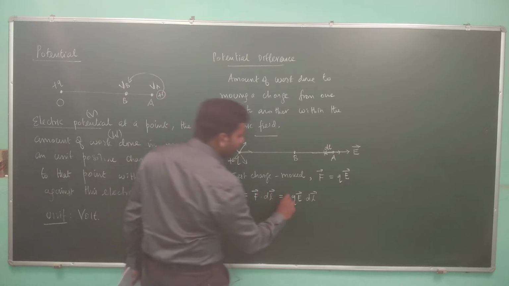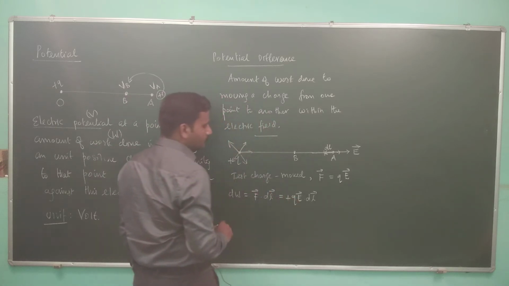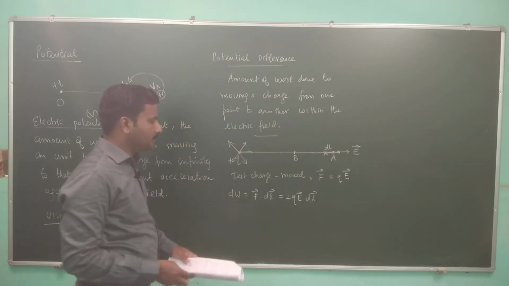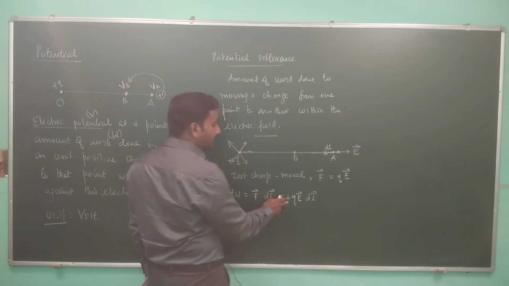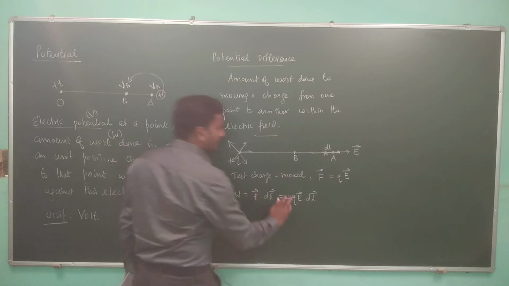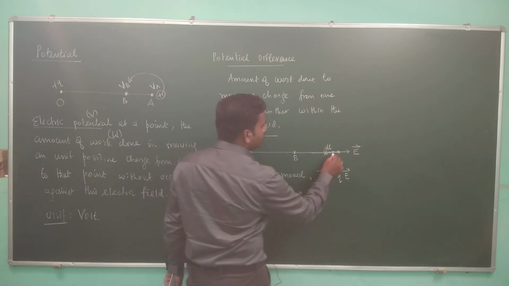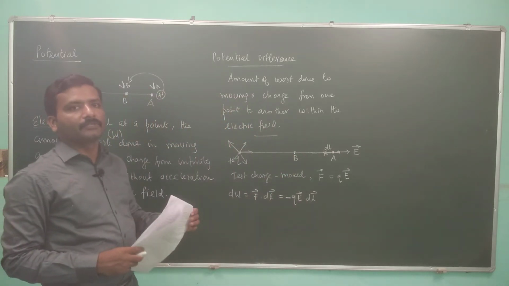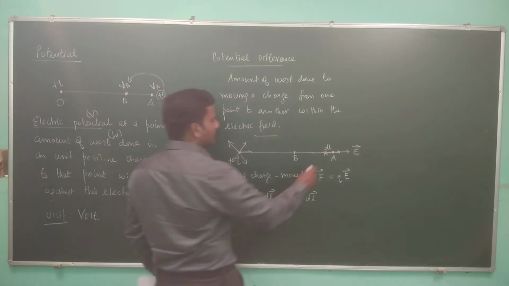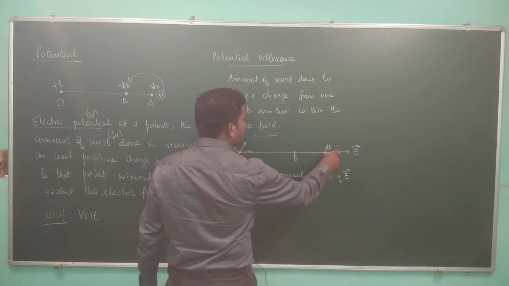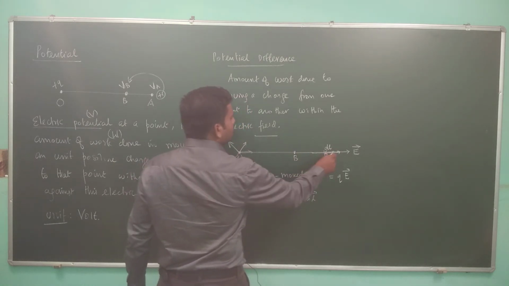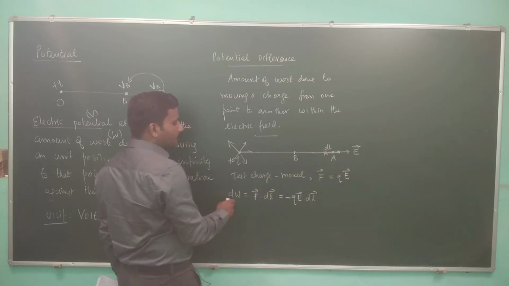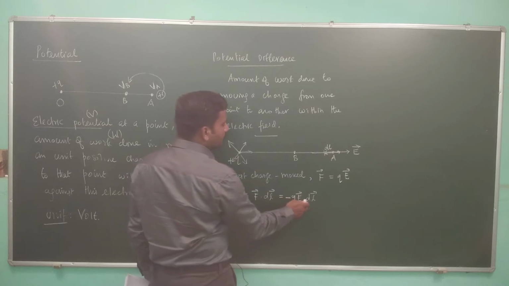Now this Q will be positive if it is moving along the direction of the electric field. This Q will be negative if the test charge is moving against the direction of the electric field. In this case, it is moving from the point A towards B and it is moved a distance dl, so that the work done is dW, equal to minus Q E dl.